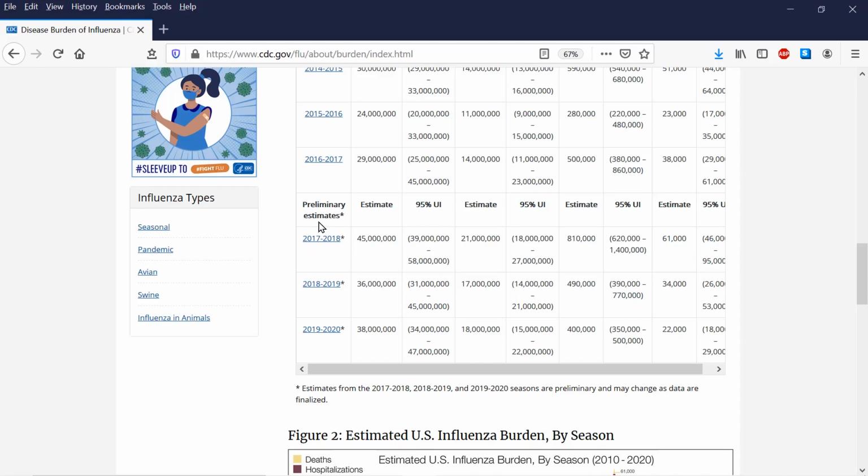Similarly, these are preliminary estimates for 3 years ago, the 2017 to 2018 flu season. The estimate is 61,000, and the 95% confidence range is from 46,000 to 95,000, well above the number shown in the Real Clear Politics purported flu deaths.